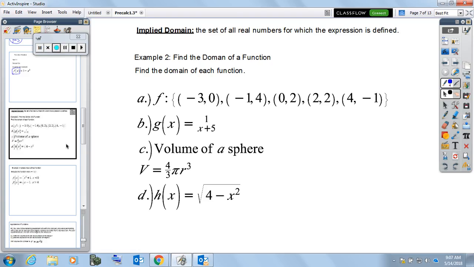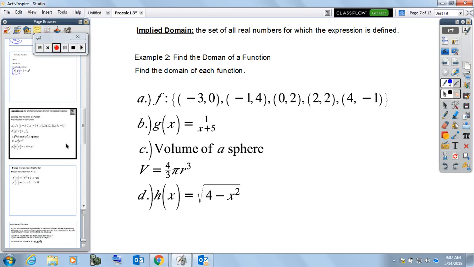So in this first example, we see our ordered pair relationship. What do you guys think about here? Well, now our domain is just all of those x coordinates specifically. All of our x coordinates represent our domain.